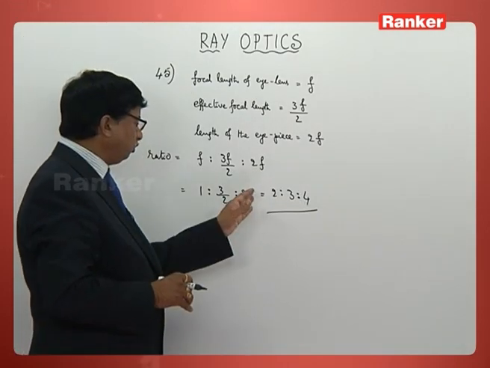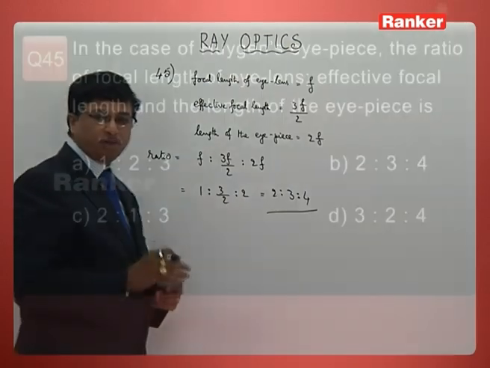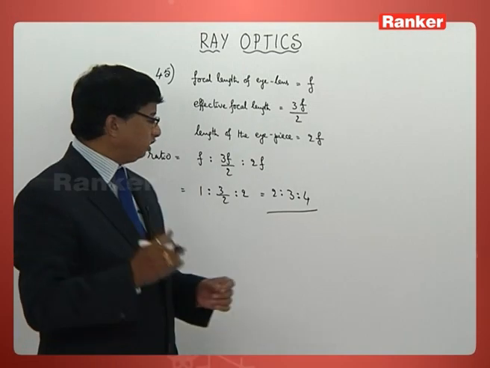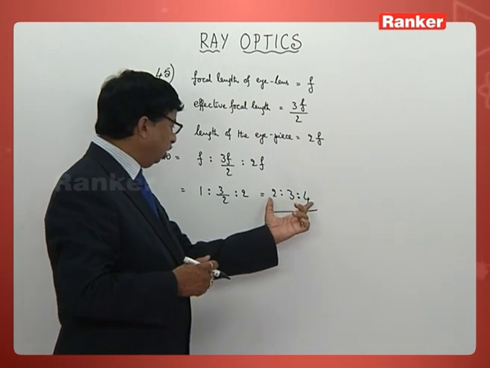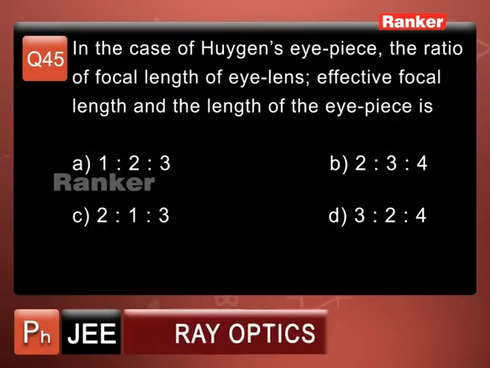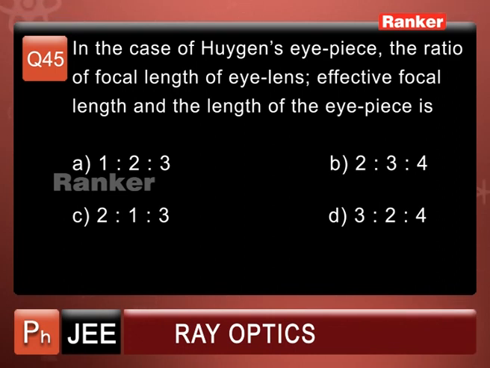Check that ratio 2:3:4. Which option is given over there? First option 1:2:3, second option 2:3:4. It's very clearly given there. The second option is tallying with the calculated value. So we can say the answer for this one is simply B.